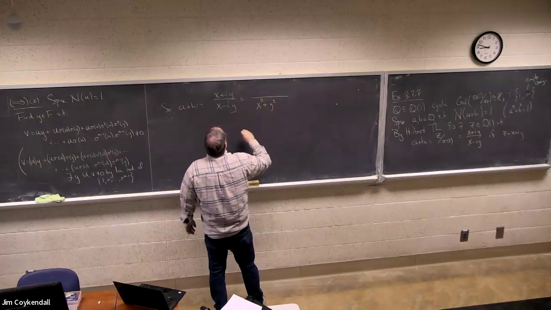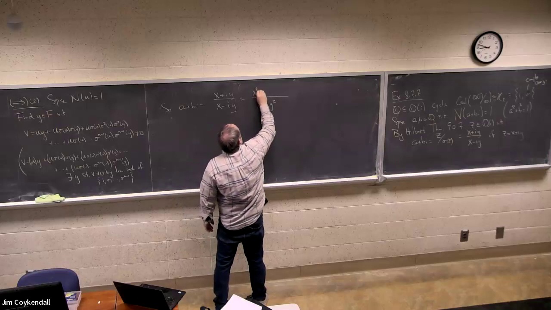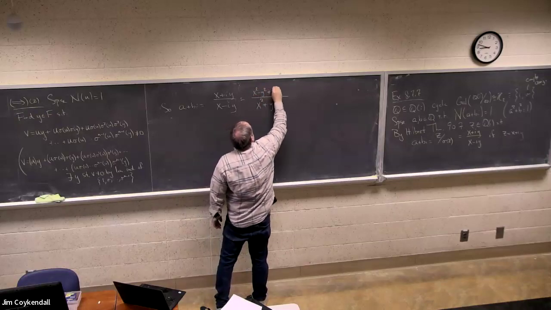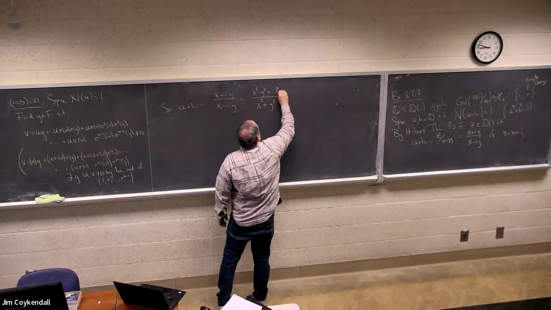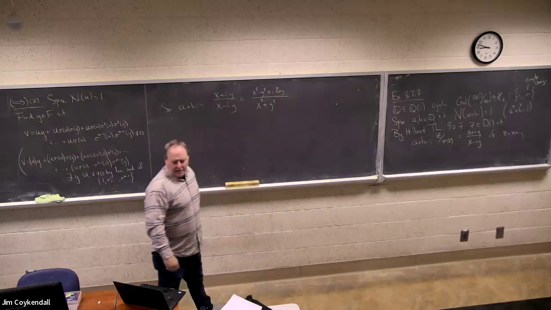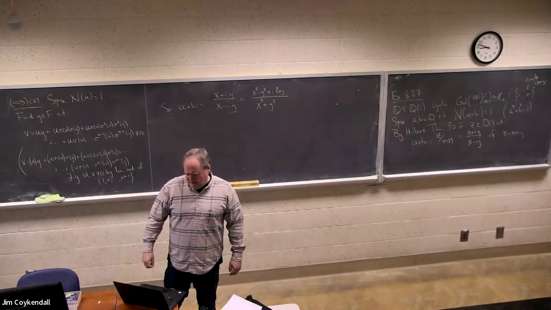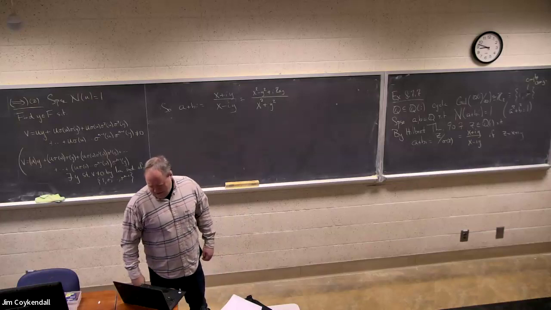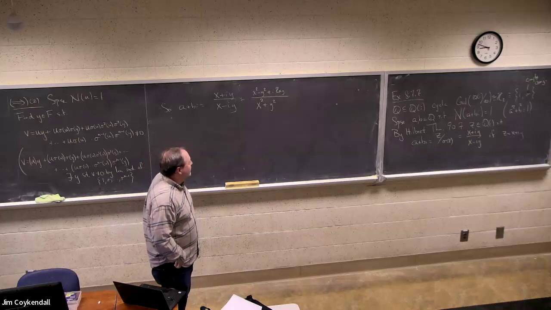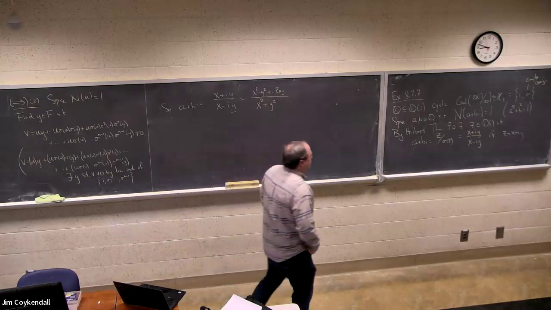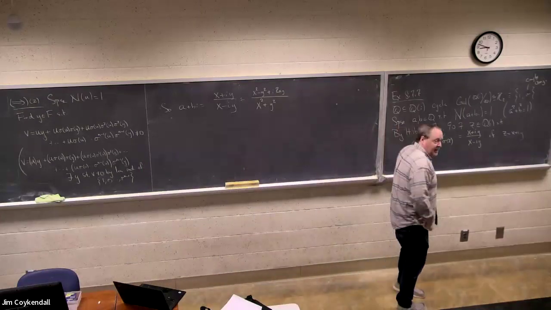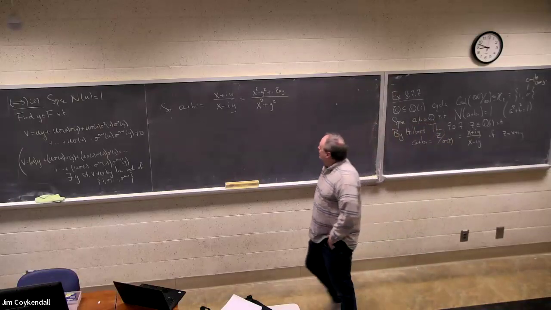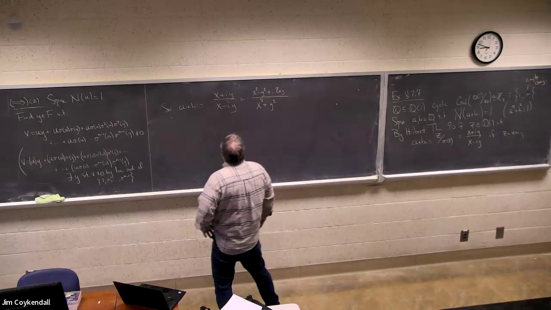And this is going to be x squared minus y squared plus i times 2xy. Right? That's what you get there. Everybody okay so far?